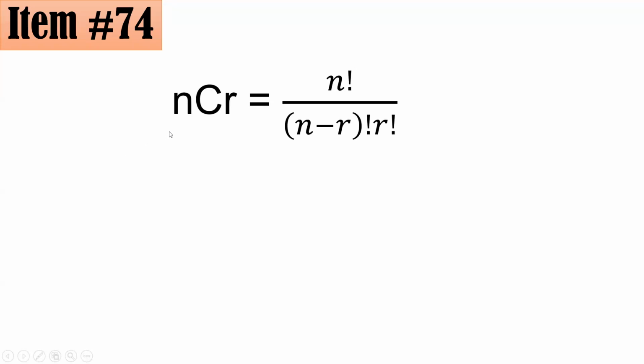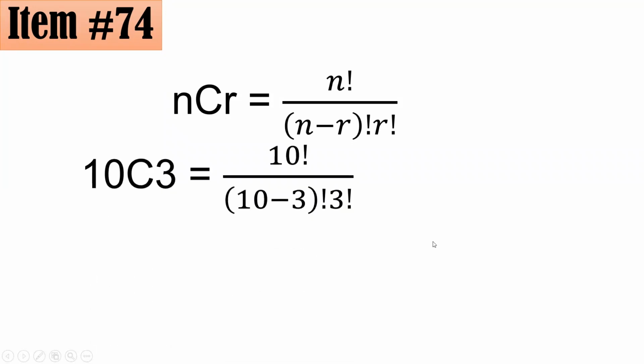Kung may calculator po kayo, pwede nyo po siyang idirekta sa calculator, where n is the number of objects, all in all, and your r is the number of objects you will take at a time. Take note po natin ha, that the value of r should not exceed the value of your n, of the total number of objects. So since meron po tayong 10 points, and to form a triangle, we need 3 points, that's 10C3 po.